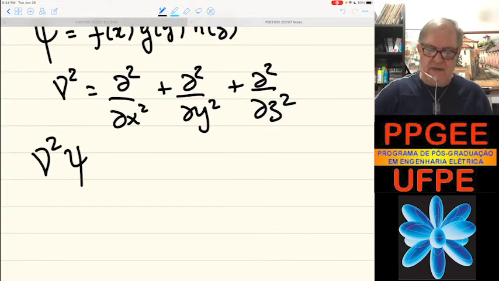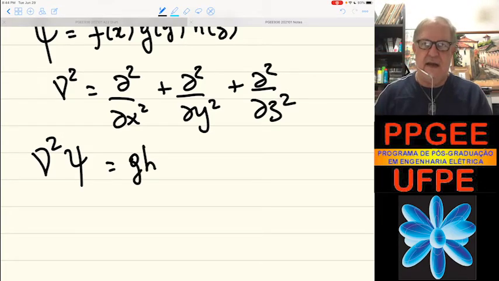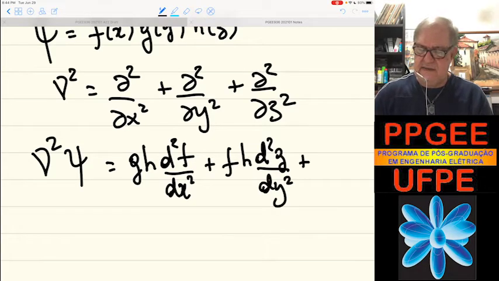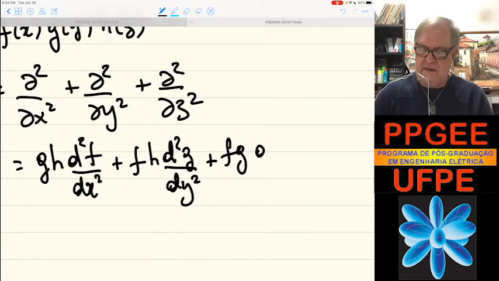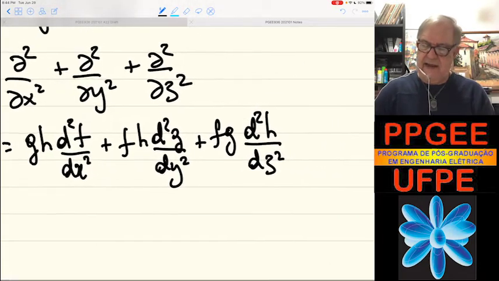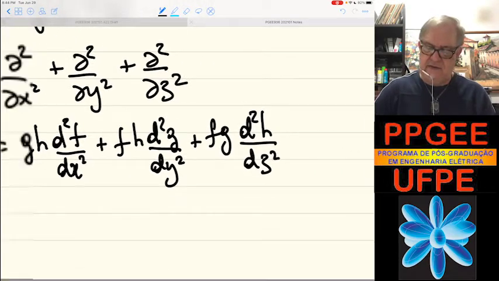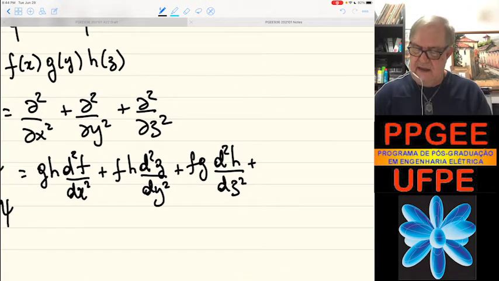So this is going to be g h d2f dx2 plus f h second derivative in y, plus f g second derivative in z, right? So that's what we have. Plus k0 squared psi, which gives us plus f g h k0 squared equals 0.